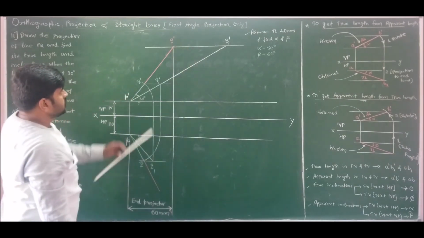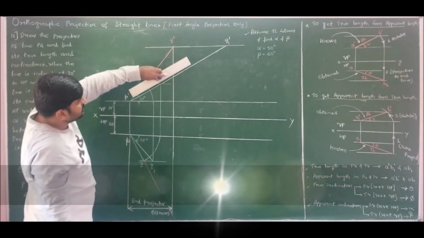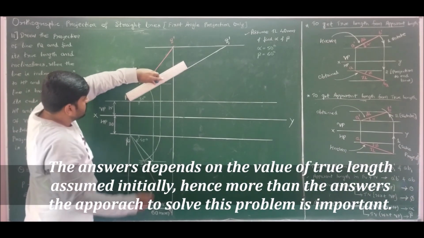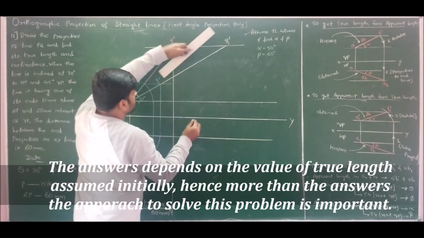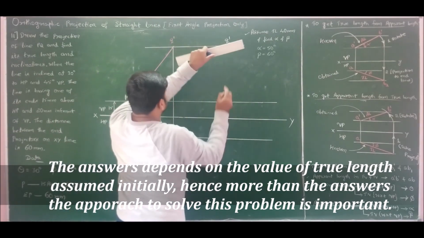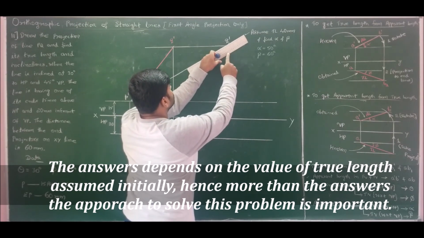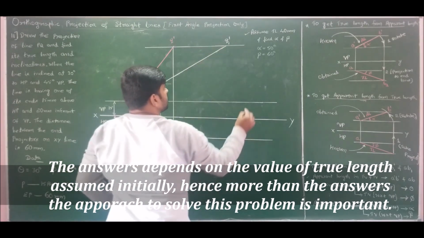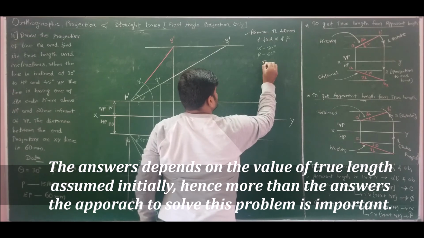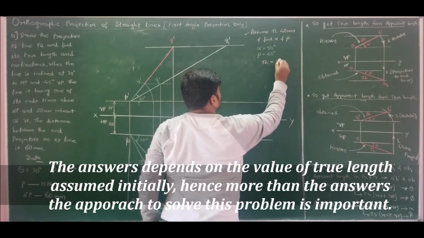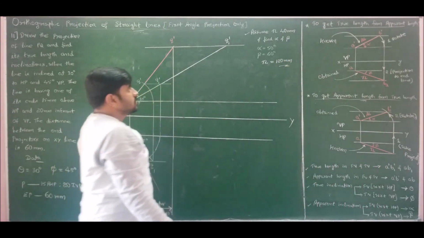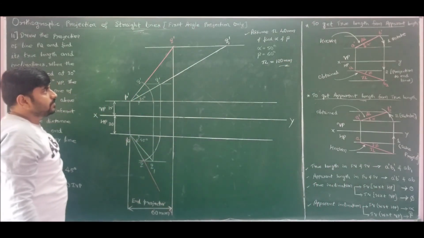So this is the actual apparent length and this is the actual true length. Therefore, he has asked us to calculate the true length. The actual true length for this problem is turning out to be 120 millimeters. So this is a solution for the assumed true length of 40 mm.